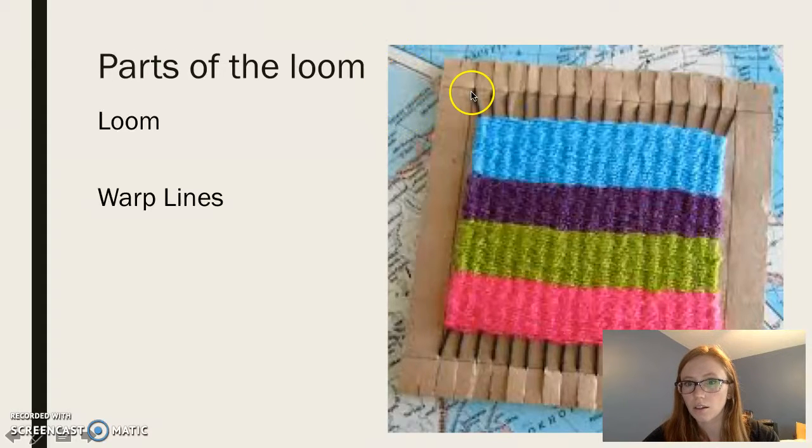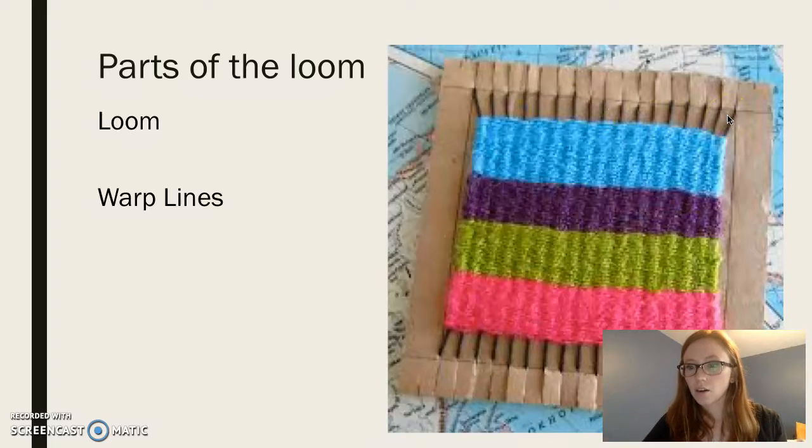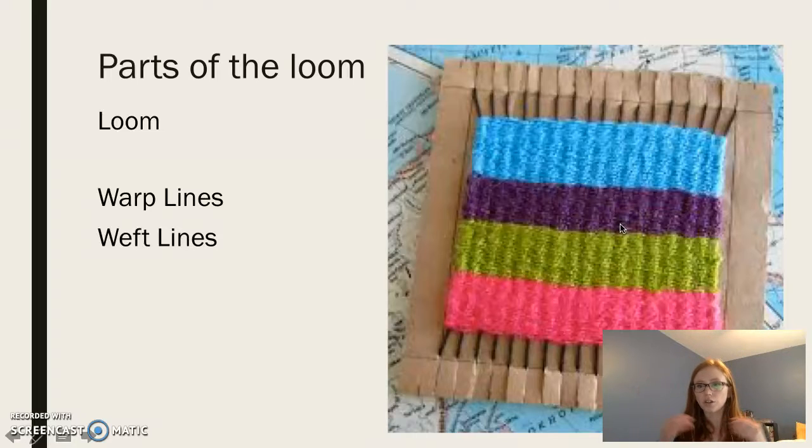They are long vertical lines. We see what's left of them right here, these small little black vertical lines at the bottom and top. These are our warp lines. They are what hold our weft lines, or our patterned designs, onto the loom. They're helping to secure and hold together our pattern.